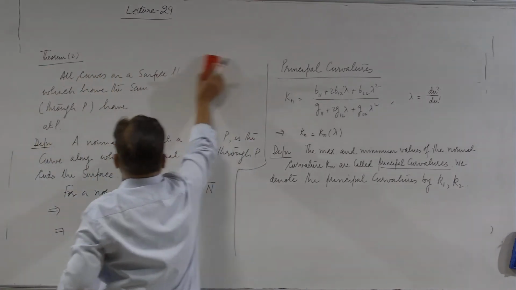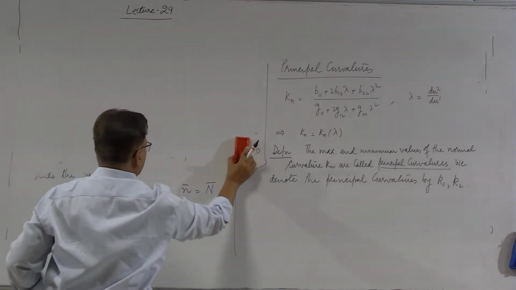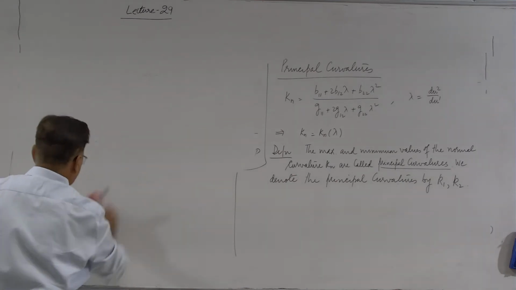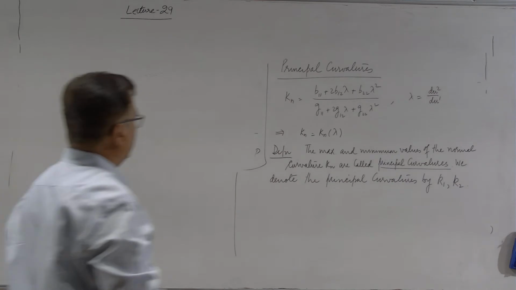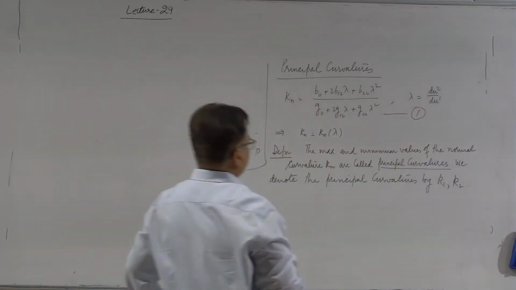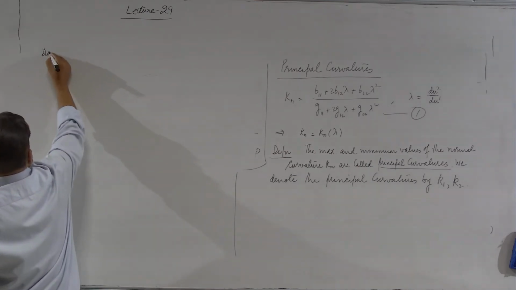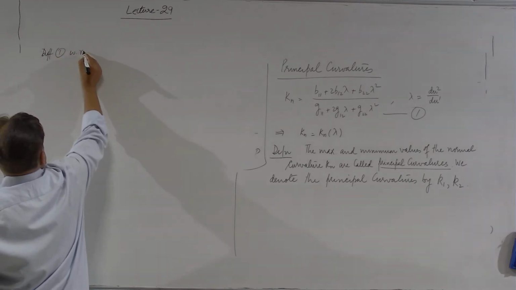So, K1, K2 can be computed by putting dKn over d lambda equal to 0. So, I will differentiate this first expression of this article, differentiating 1 with respect to lambda.